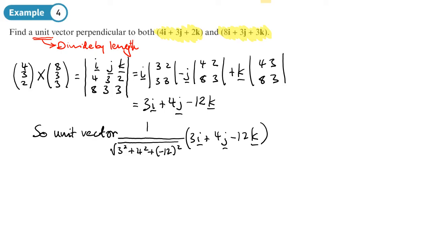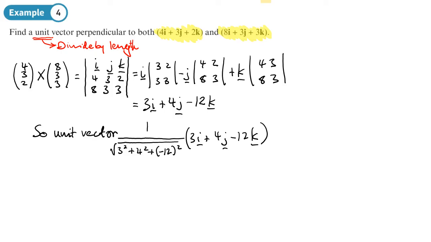So let's use our calculators and work out what that is. Let's get my calculator in the right mode for starters. So 3 squared, we're probably going to leave this as a third. 9 plus 16 plus 144. So that's root 167. Sorry, not root 167. Root 169, I put in 4 squared as 12. So that's going to be dividing by 13, yeah?